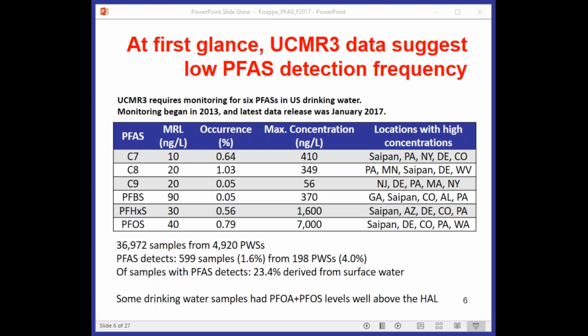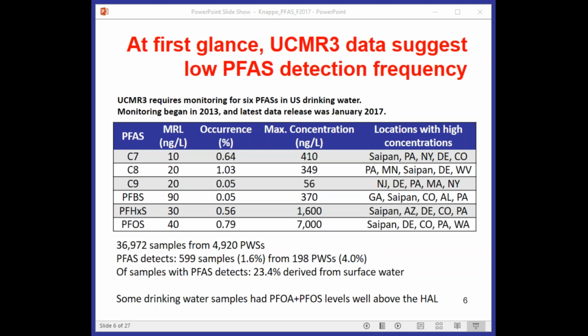And so that at first glance looks like it may not be such a big problem if we think about this as a nationwide issue. However, if we look at the data from a public water systems perspective, then 4% of the systems had at least one PFAS, so that's slightly more significant.